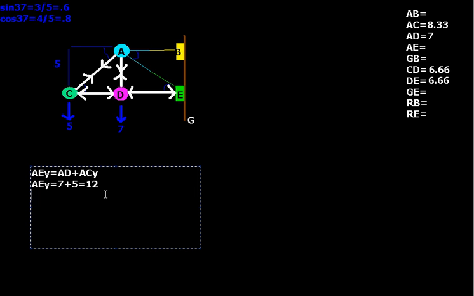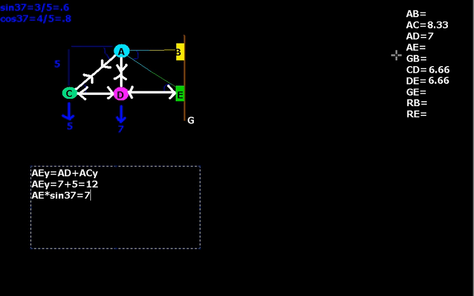Okay, so AE, basically the y portion of this, the height of this, is 12. So that means that the diagonal times the sine equals the opposite, right? Or AD, which is the 7.